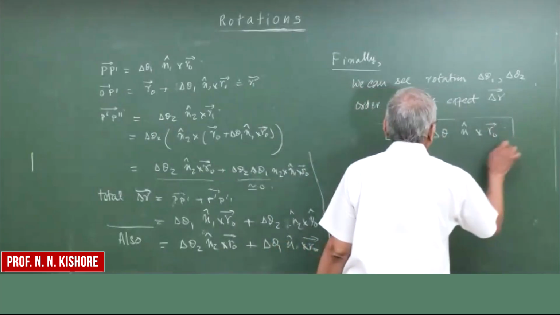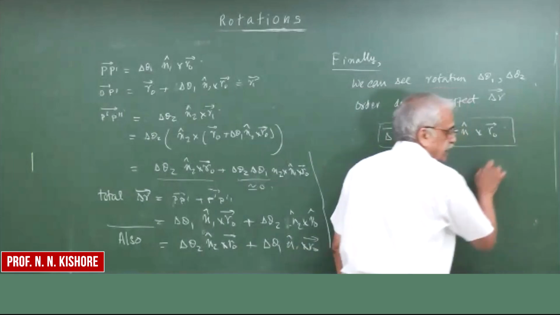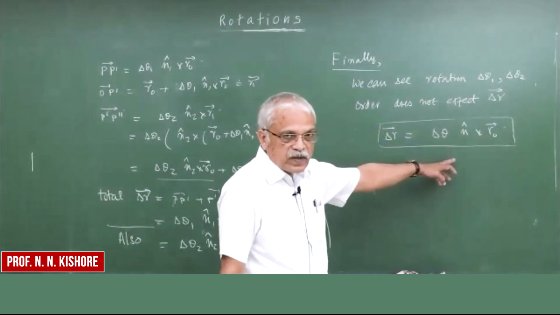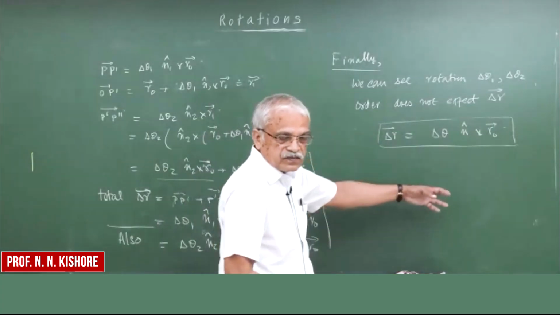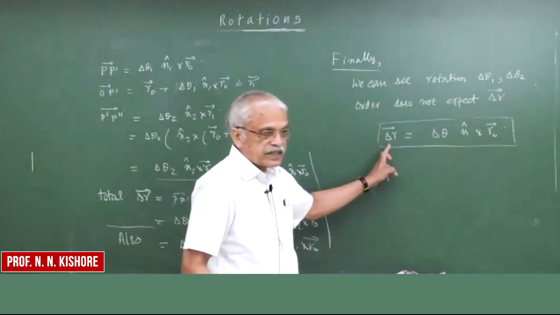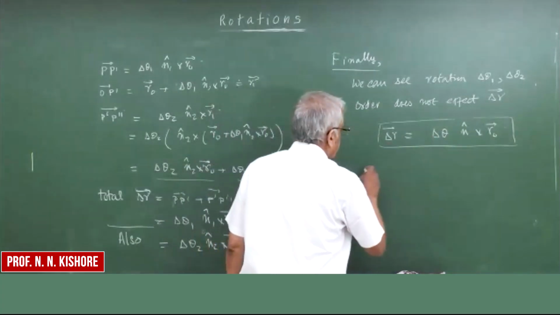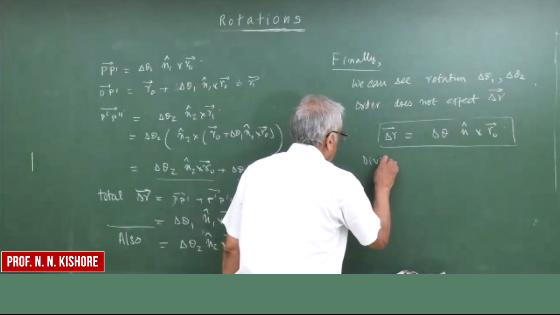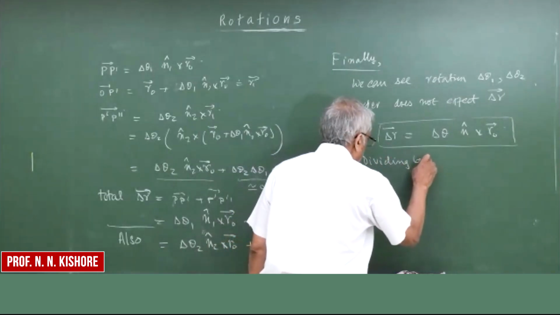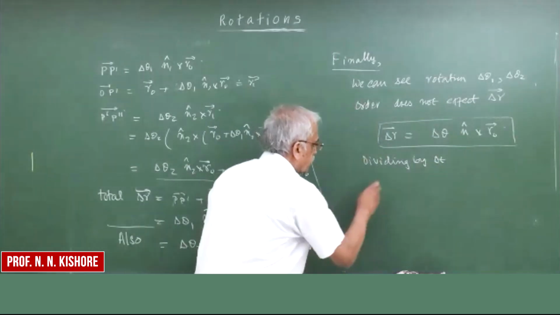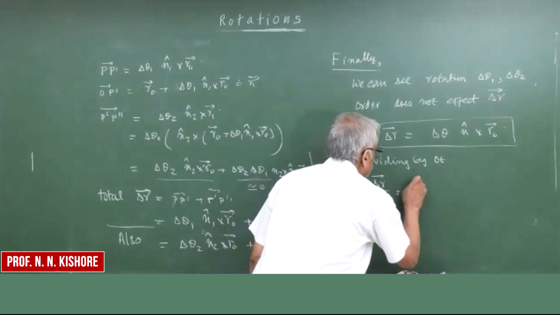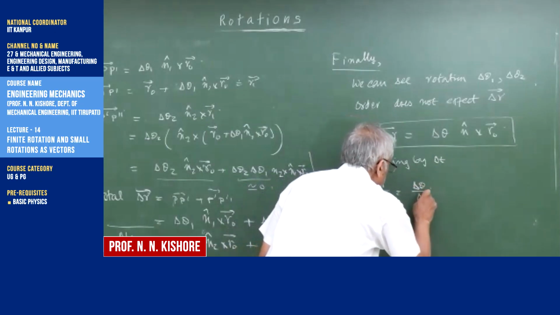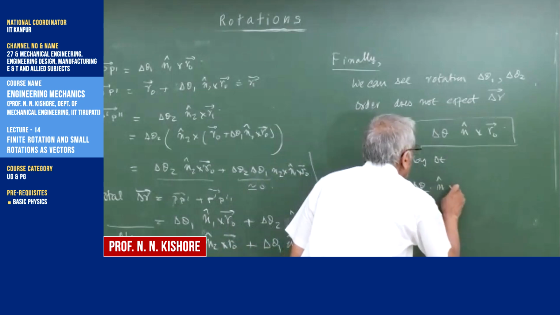So this one is finally what we use. Why do we use it? What is the implication of this? If these are infinitesimally small changes Δθ and ΔR, then dividing by Δt, we have ΔR by Δt is nothing but Δθ by Δt n cross R0.